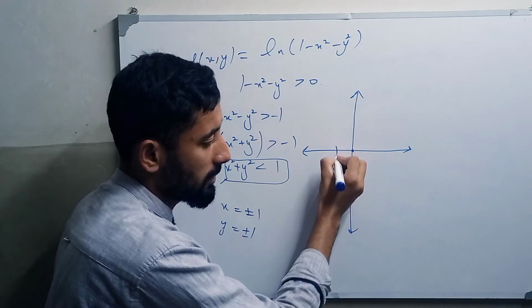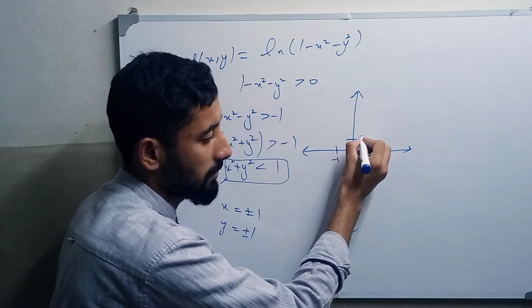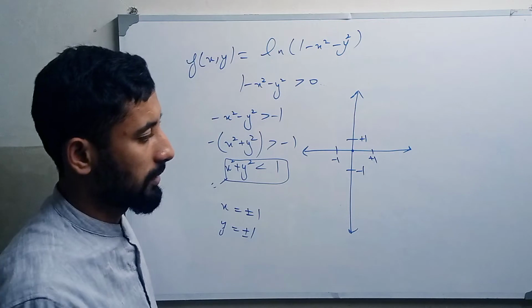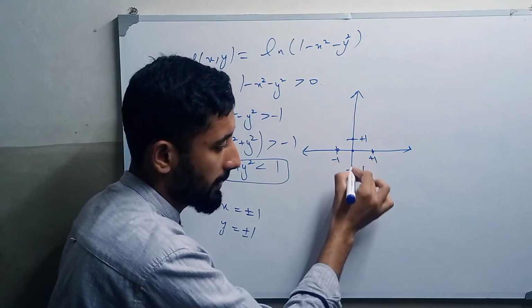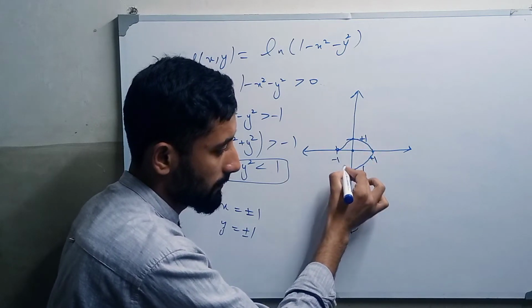This is the origin, this is -1, this is +1, this is +1 of y, and this is -1. So join all these points like this.